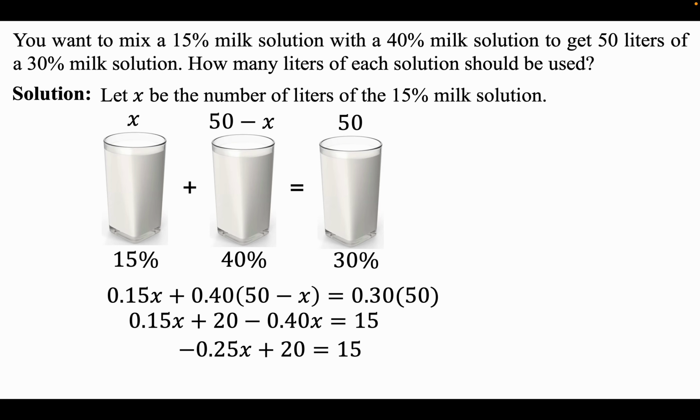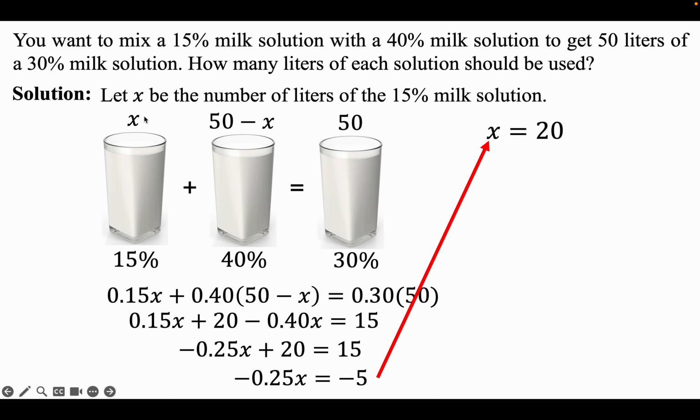Subtract the 20 over to the other side. So 15 minus 20 gives you that negative 5, and then I can divide both sides by negative 0.25 to eliminate that number 0.25, or to isolate the variable x. So in this case, that will give you x equals 20. Well, what does that tell me?